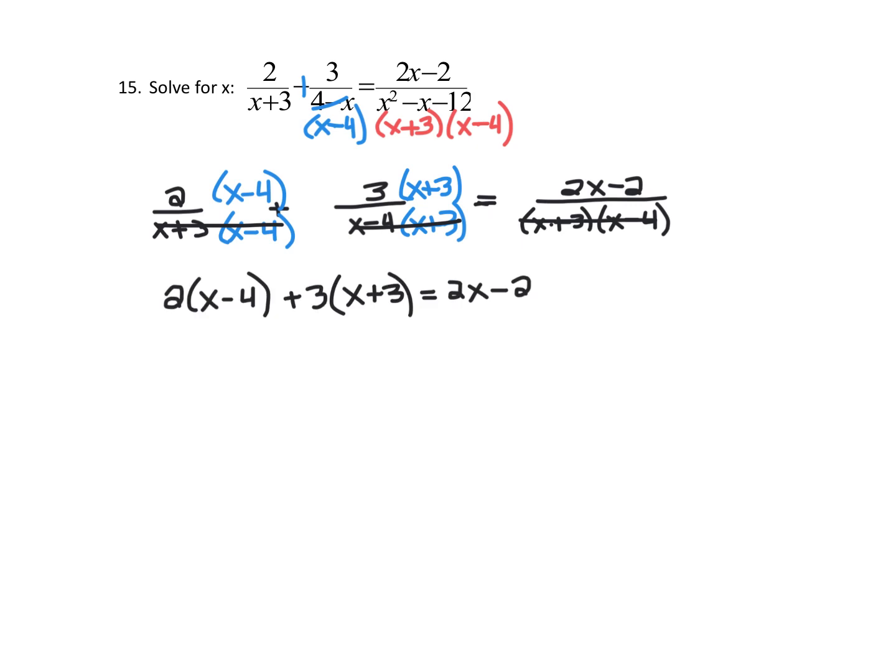I like to rewrite everything exactly like I see it, parentheses and all, because a lot of times if you try to distribute as you go, things are forgotten, especially if this right here is a minus sign. Okay, so let's keep solving. So we get 2x minus 8 plus 3x plus 9 and then I'll bring down the equals 2x minus 2.